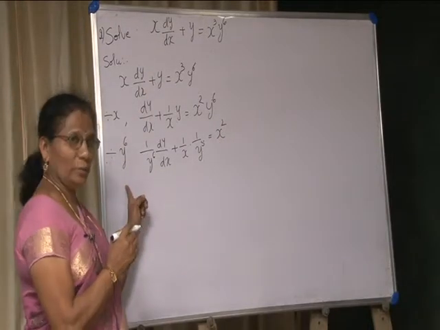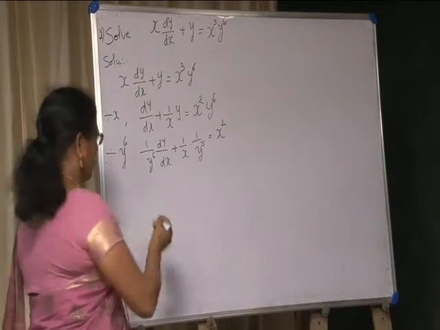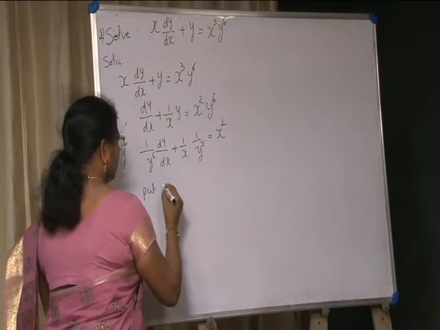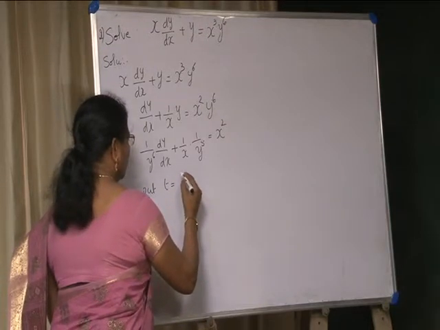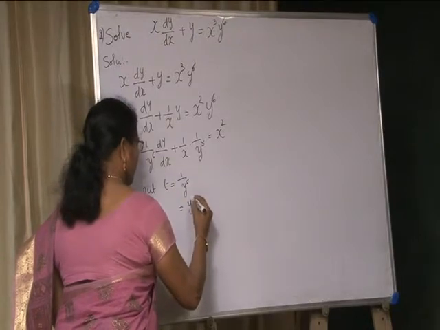First, we have to divide by y to the power of 6. Next, we have to substitute. Put t is equal to 1 over y to the power of 5, so that is y to the power of minus 5.